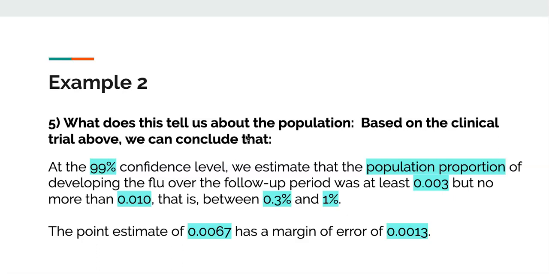So they wanted a pretty strong confidence level, but our interval came out very great. The point estimate, the midpoint, was 0.0067, and that had a margin of error of 0.0013. Again, margin of error is not the same thing as the standard error. Margin of error is Z-score times the standard error in this case, okay?